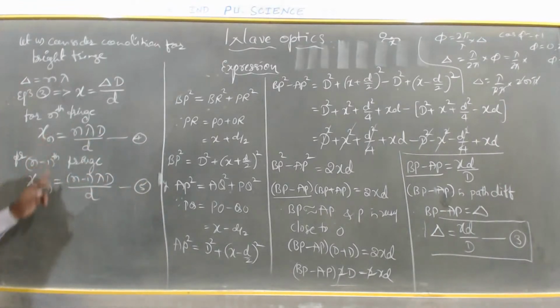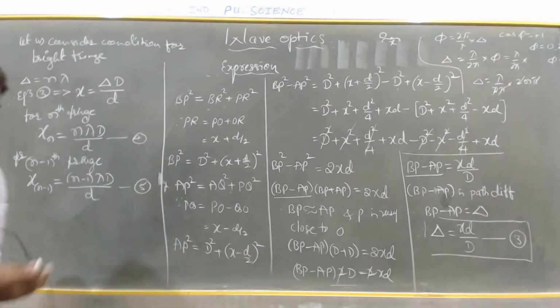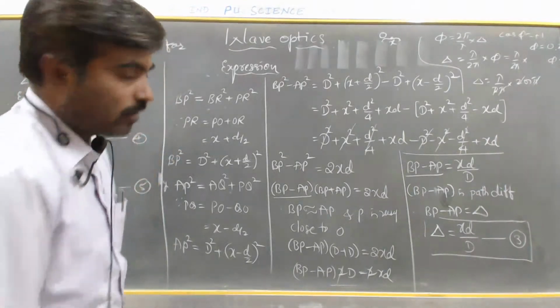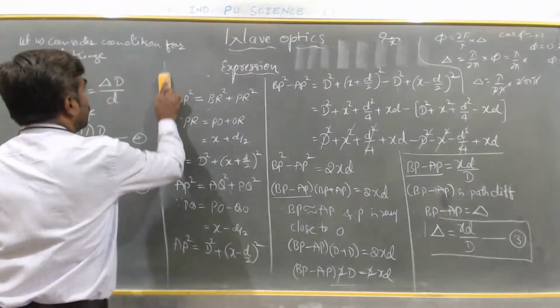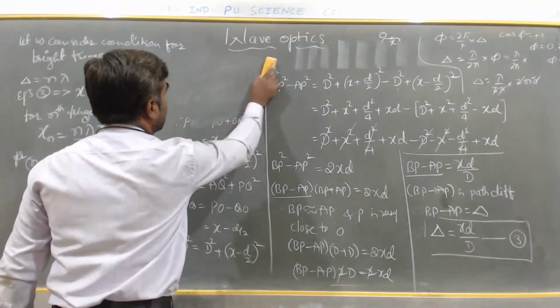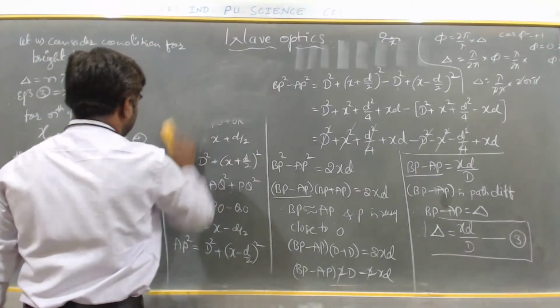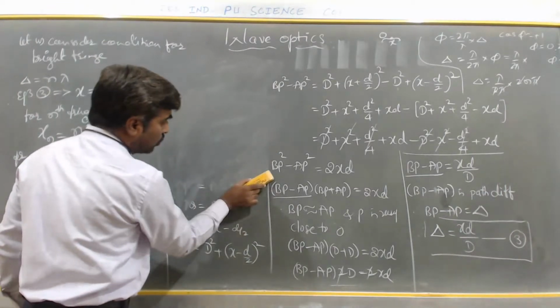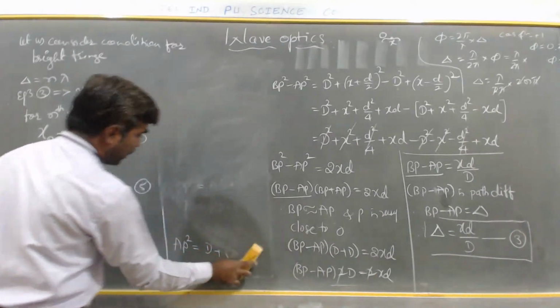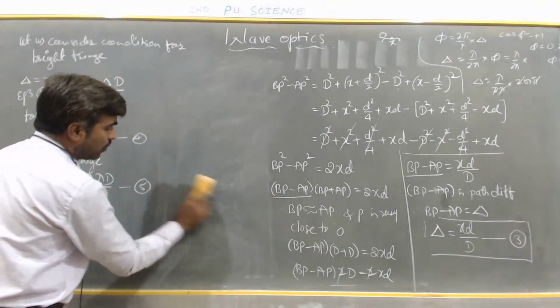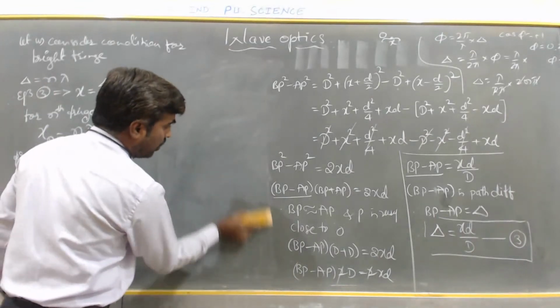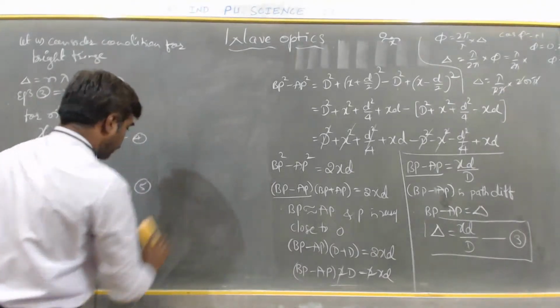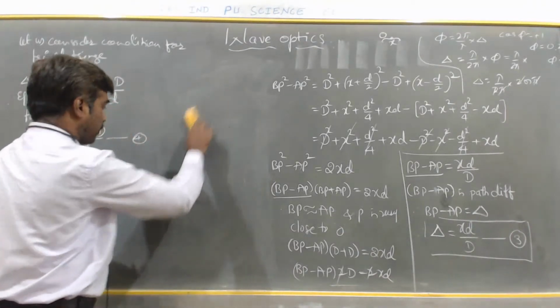So we have the last fringe and the last but one fringe. Next we need only a single fringe, and that single fringe is the last fringe minus the last but one fringe. That too the bright fringe I am considering, only bright, because the condition I kept is for bright fringe, or the condition for constructive interference.